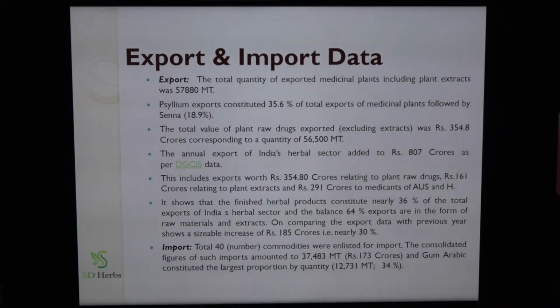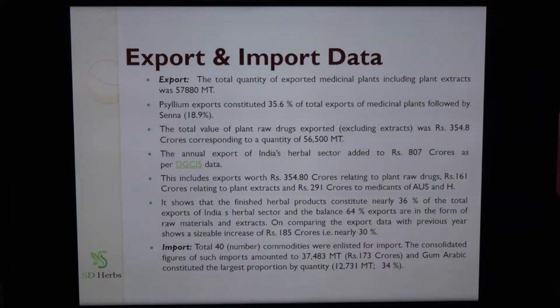So the export quantity of medicinal plants, including plant extract, was 57,880 metric tons. And the psyllium husk, the Isabgol, is the major stakeholder right now. Total value of plant raw drug exported was around 354, corresponding to a quantity of 56,500 metric tons.